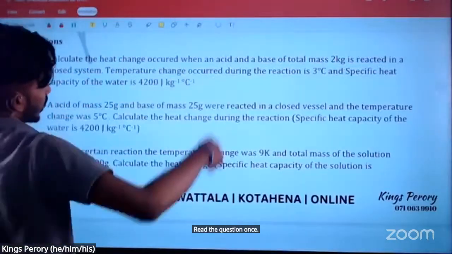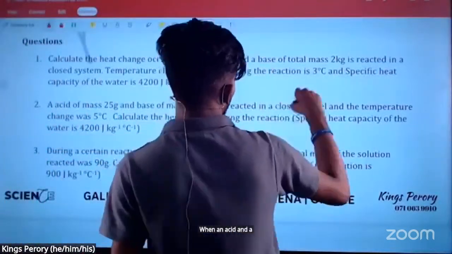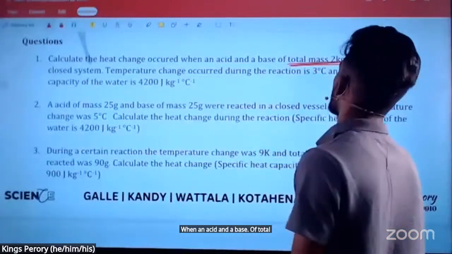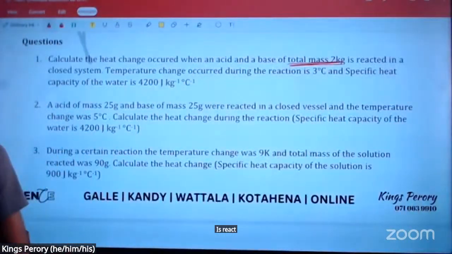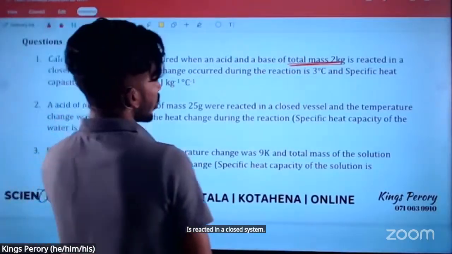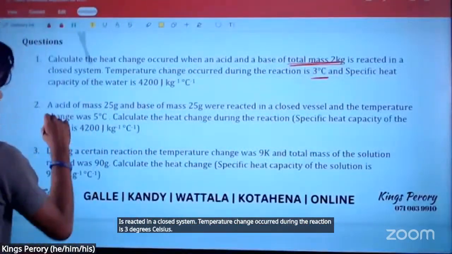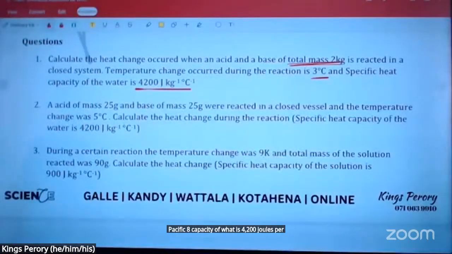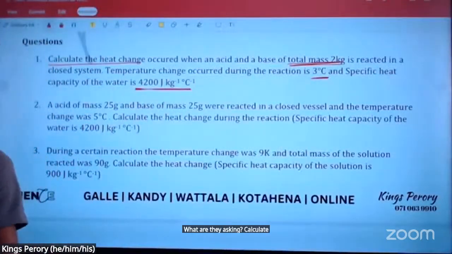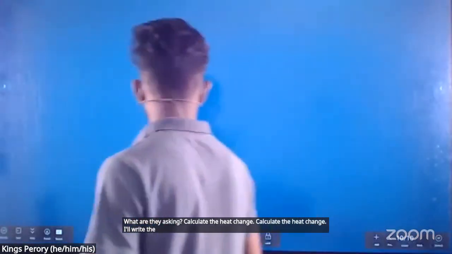Calculate the heat change occurred when an acid and a base of total mass 2 kg is reacted in a closed system. Temperature change occurred during the reaction is 3 degrees Celsius. Specific heat capacity of water is 4200 joules per kilogram per degree Celsius. What are they asking? Calculate the heat change.